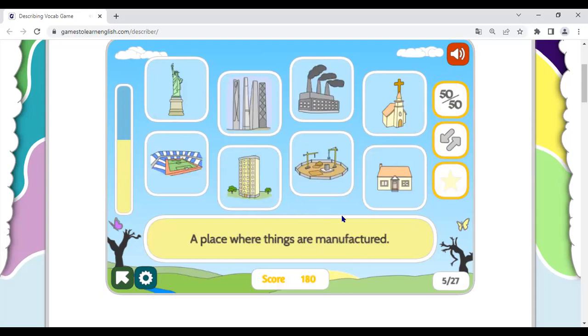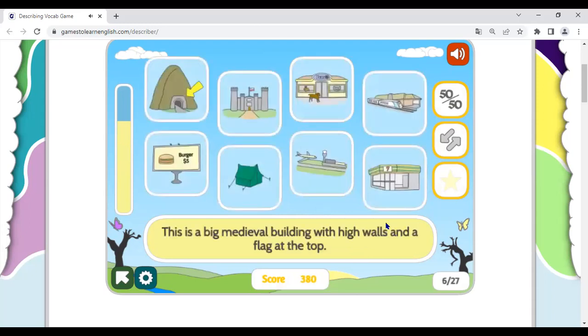It's a tent. A place where things are manufactured. Fabric. Something like this. Check it out. Factory. Yes, Carlos, because if you say in English fabric is tela. Okay. But in English, fabrica is factory.